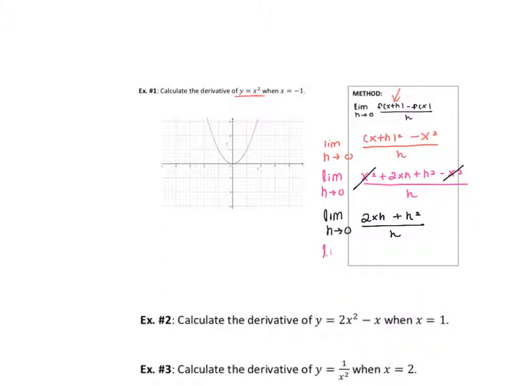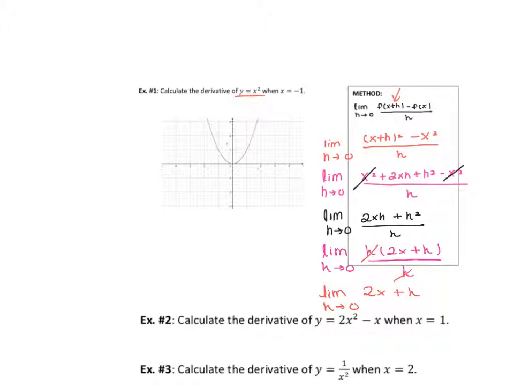So you've got the limit as h approaches 0 of h, take that out, 2x plus h over h. Well, your h's cancel out. Gone. So now you're looking at the limit as h approaches 0 of 2x plus h.